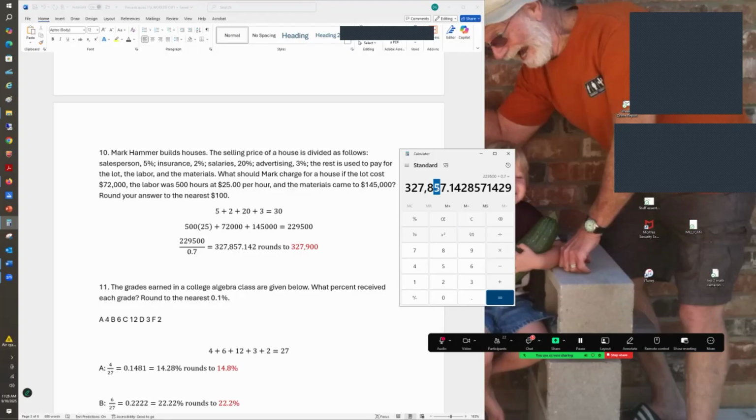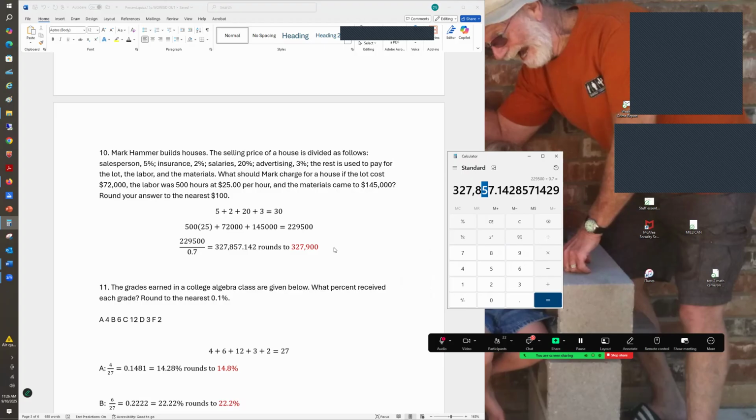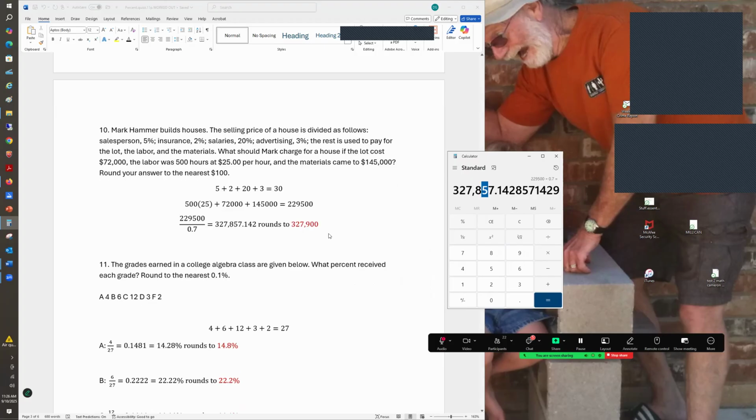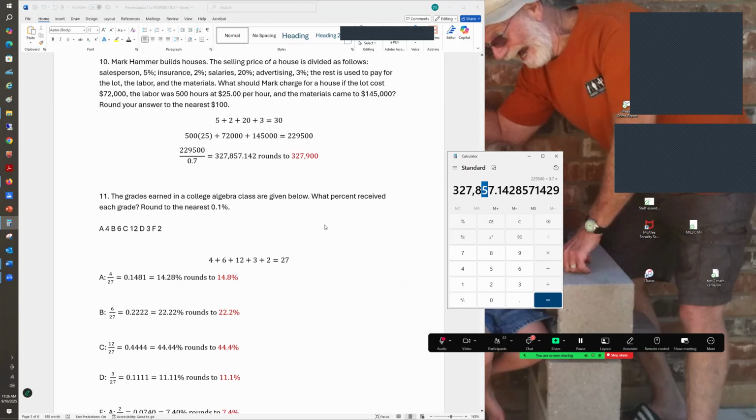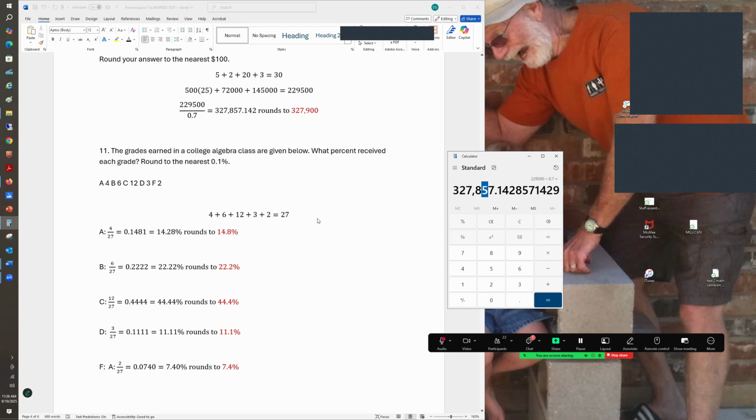It just depends on the 5. The 5 is big enough, barely, to bump it up to 900. If you put anything but $327,900, you're going to lose all the credit for that, which is sad. I'll report to you, we had this problem 11 with different numbers on the first day of class.